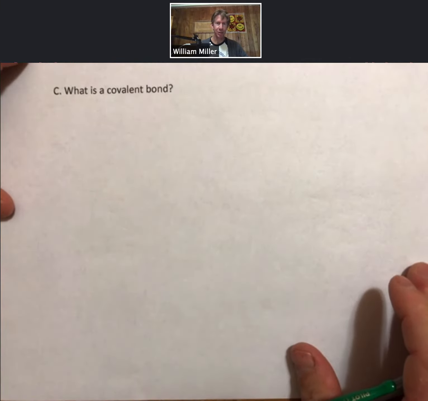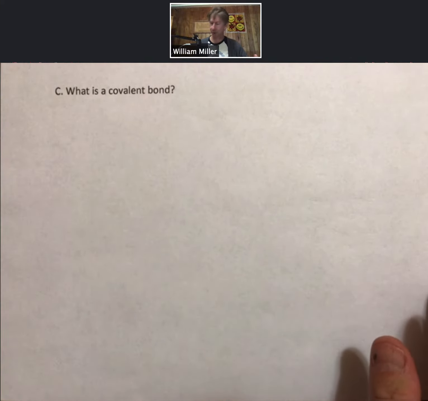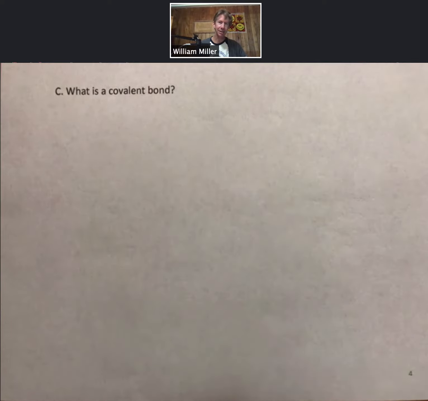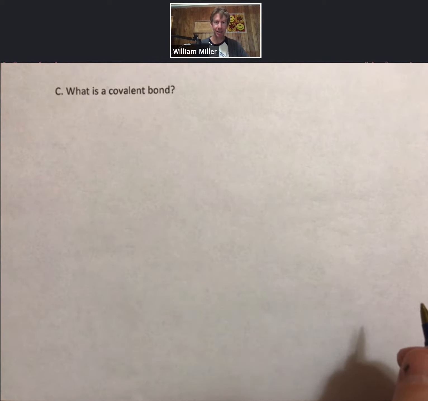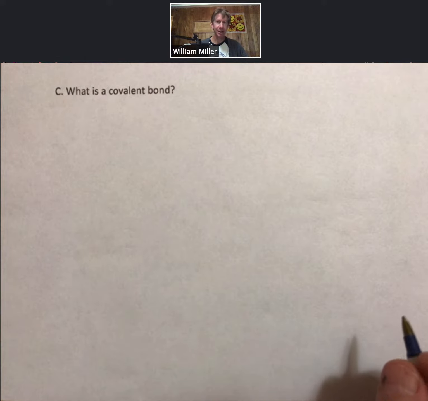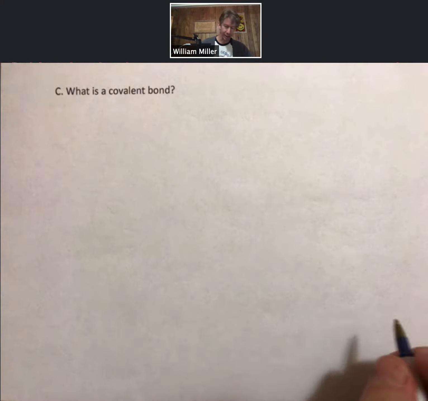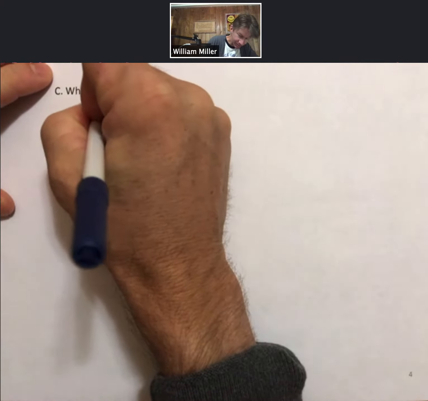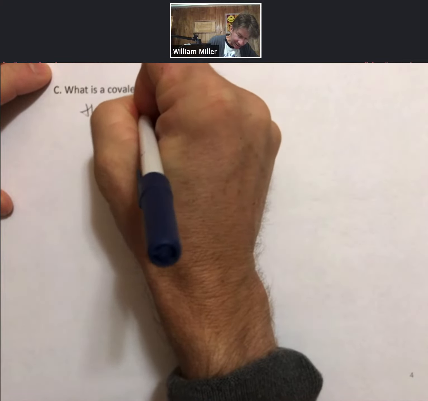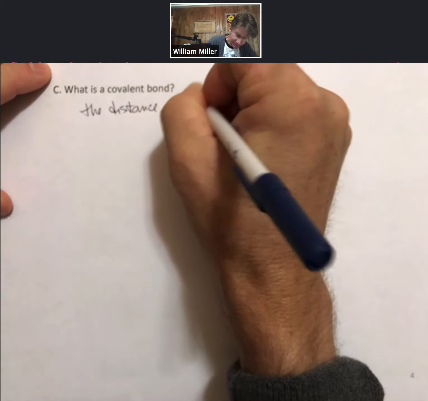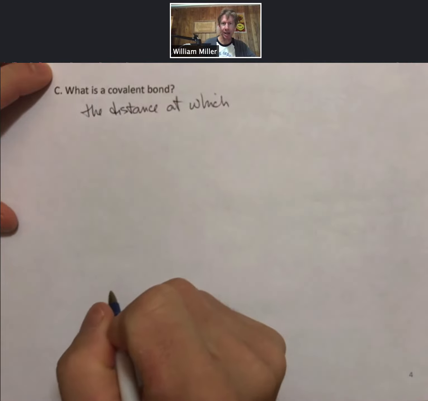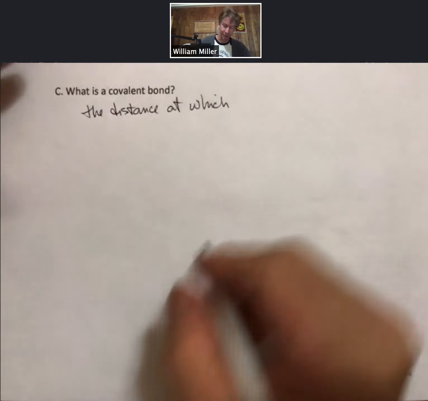So, as we embark upon our study of covalent bonds, I want to ask the question, what is a covalent bond? A covalent bond is the distance in which two atoms lower their energy the most, the distance at which two atoms reach their lowest potential energy.